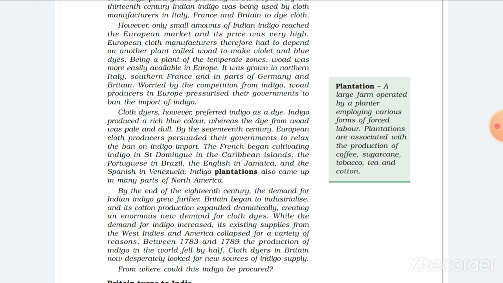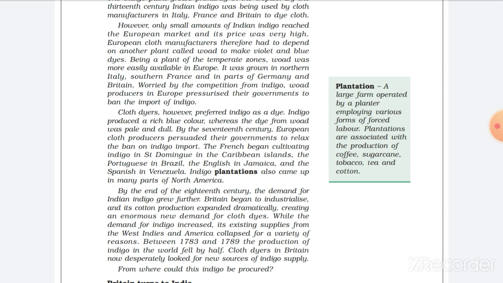But suddenly, the indigo supplies of these countries collapsed due to some other reasons, which you will get if you go into deep history. So indigo was not coming to Britain, and from 1783 to 1789, indigo supplies throughout the world were halved. Compared to the 13th century, in the 18th century indigo supplies were not being received by the world's countries.